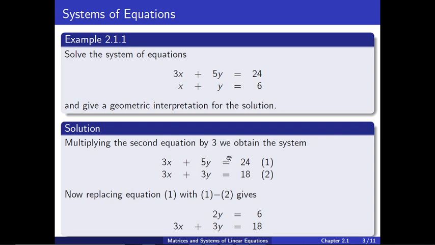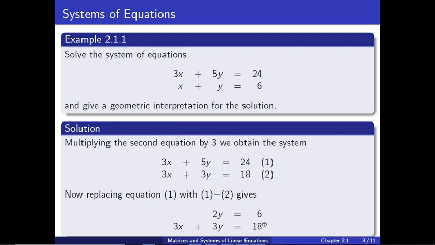Now we have a new system with 3x plus 5y equal to 24, and 3x plus 3y equal to 18. Now, the second step, we replace equation 1 with equation 1 minus equation 2. In other words, 3x minus 3x gives 0, 5y minus 3y gives 2y, and 24 minus 18 gives 6.